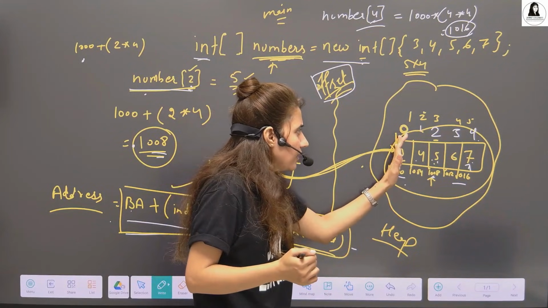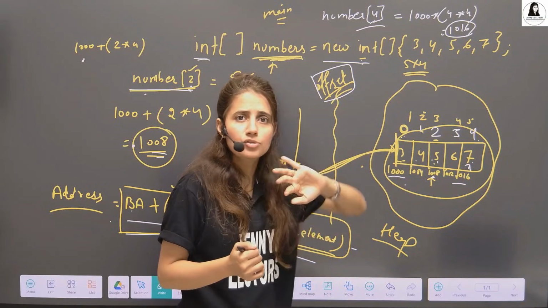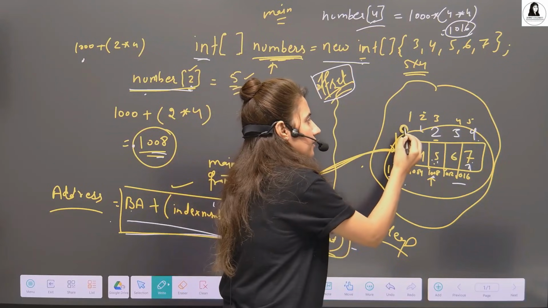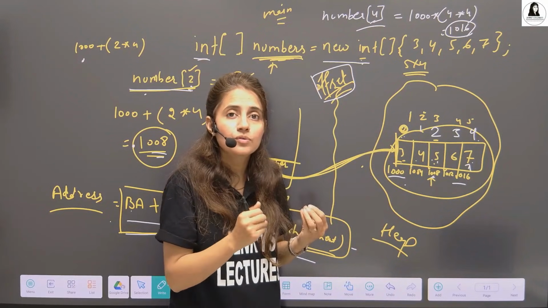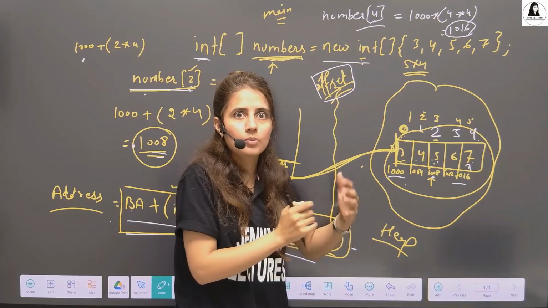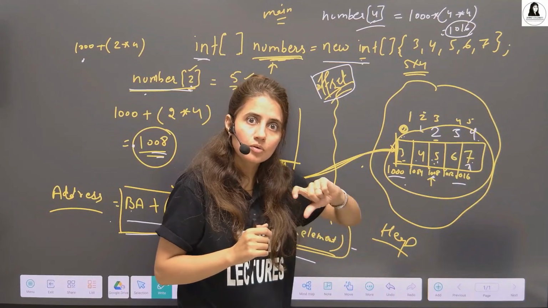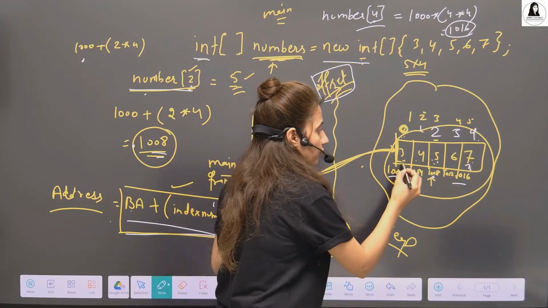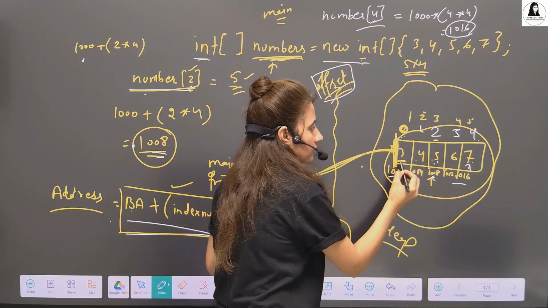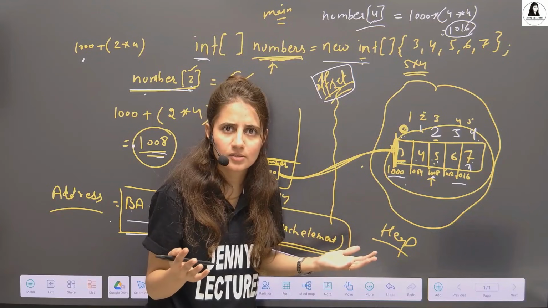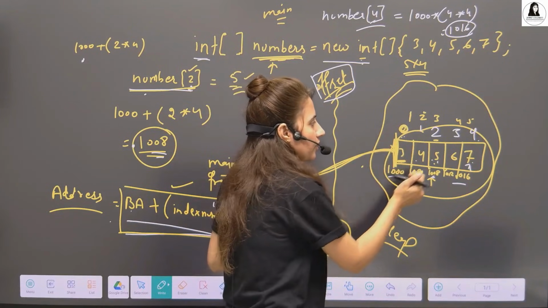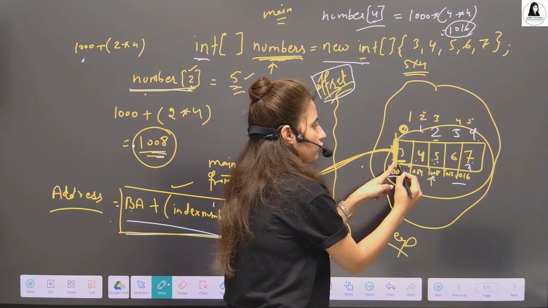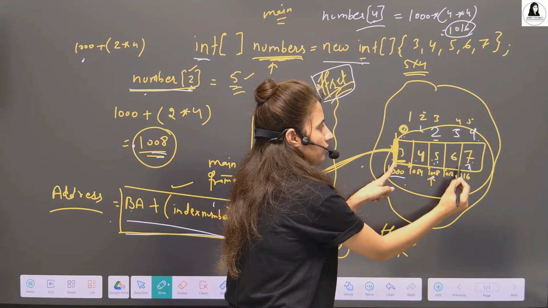You are at the array header only, the first element. So there is no offset. The distance is 0. So that is why index starts from 0. It is more of an offset, not the position. It shows the distance from the array header. So between the array header and the first element, there is no distance. There is no offset. So that is why it is 0. For the second element, you are one element apart from the array header. So 1, then 2, then 3, then 4, something like this.